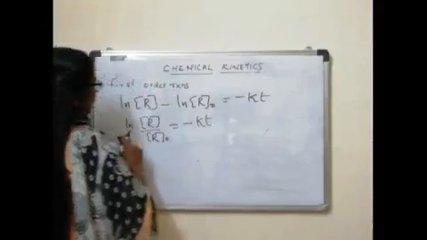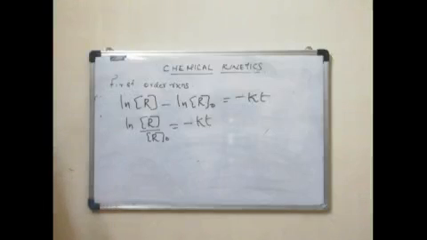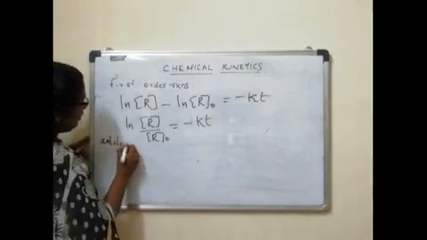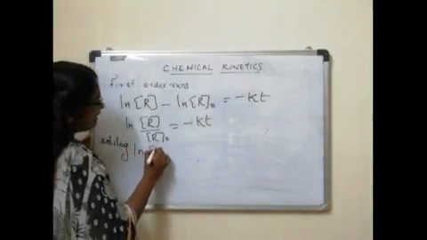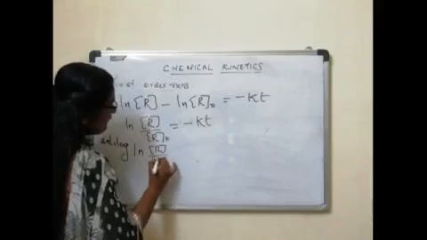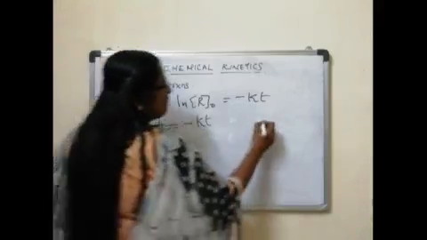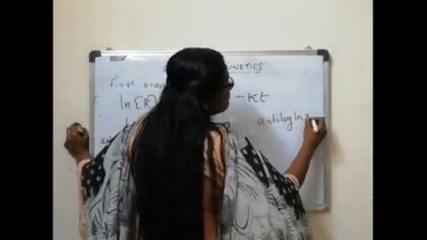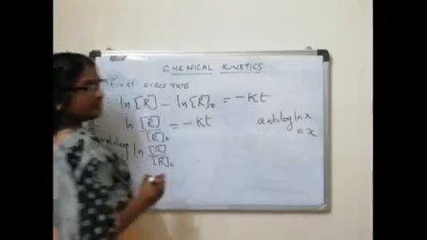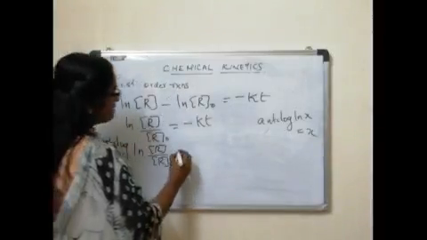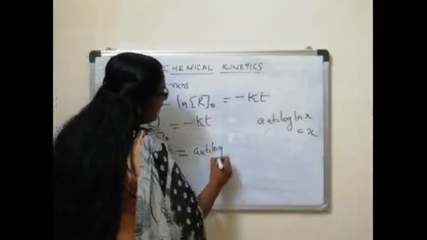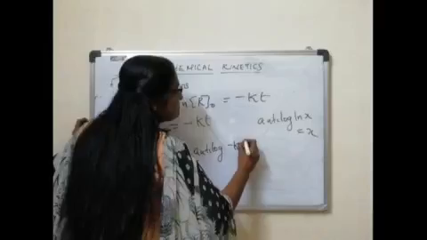In order to remove this ln, we have to take the anti-log of ln R by R0. Anti-log of ln x is equal to x itself. So we are taking the anti-log of minus KT.